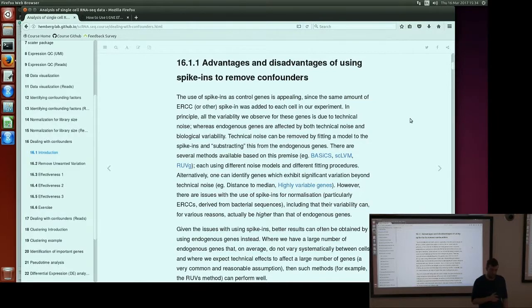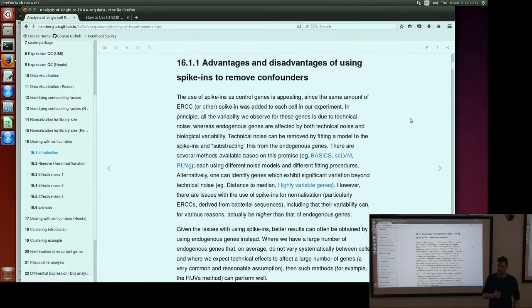One issue with the spike-ins for normalization, as opposed to QC, which we discussed earlier in the day, and particularly ERCCs, which are derived from bacterial sequences, so are substantially different from human transcripts in some important ways, is that in practice, their variability can, for various reasons, actually be higher than that of endogenous genes.